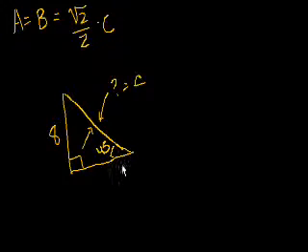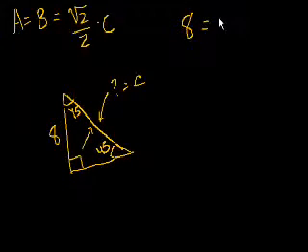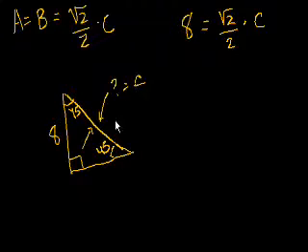We also know this is a 45, 45, 90 triangle, right? Because this angle is 45, so this one also has to be 45, because 45 plus 90 is 180. We know one of the sides, this side could be a or b. We know that 8 is equal to the square root of 2 over 2 times c. c is what we're trying to figure out.